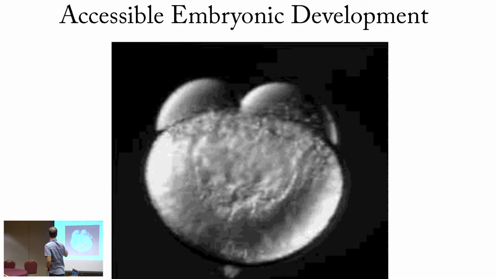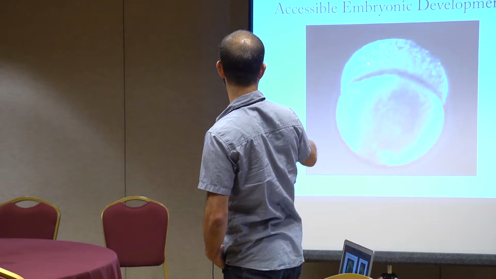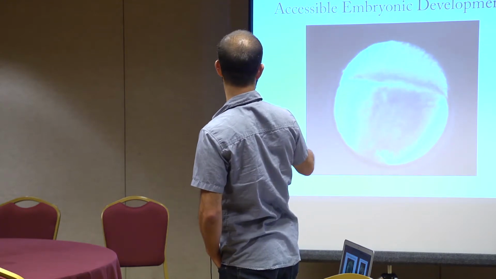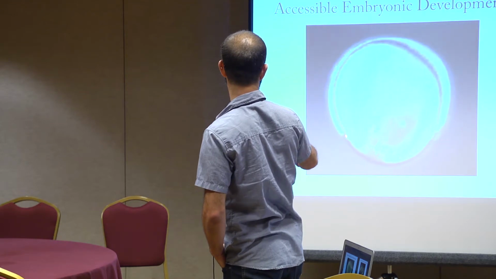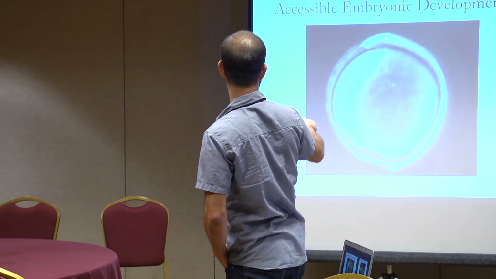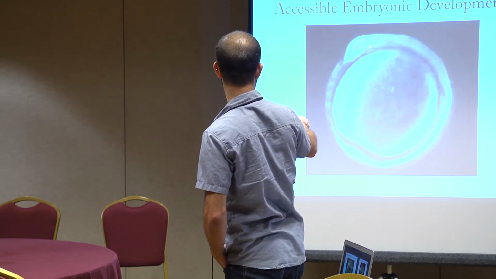This is just showing you what zebrafish development looks like. This is starting at the one-cell stage. So you can see this is all the yolk, so this is not the animal, but these are the cells that just synchronously divide. And then after about 4 hours, these cells just start to spread out over the surface of the yolk. And now by about 12 hours, you can already start to see the eye forming up here.